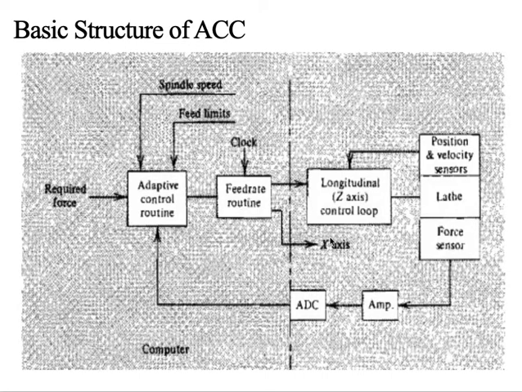So it goes to the x-axis and again the longitudinal z-axis controls the loop from its position and velocity sensors. All those things it gives here. Again it comes for AMP and ADC to give the adaptive control routine, hence it goes to perform here, right? So this is the basic structure of ACC.